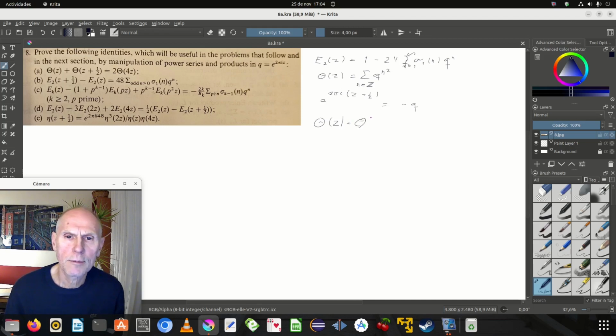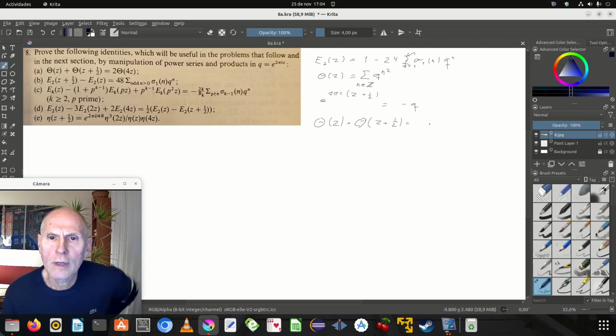So capital Z of psi plus 1/2, that's the sum of Q to n squared plus minus Q to n squared. So we only sum over the even integers.